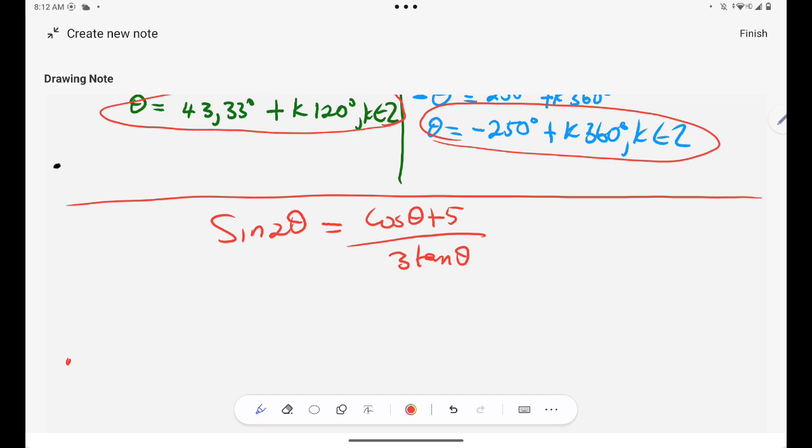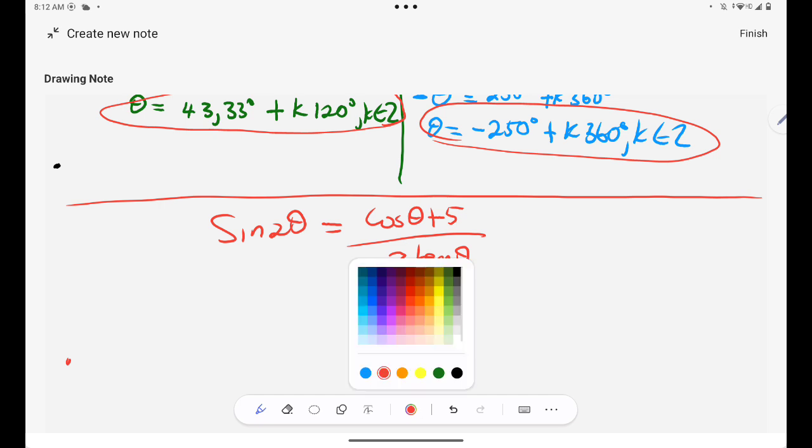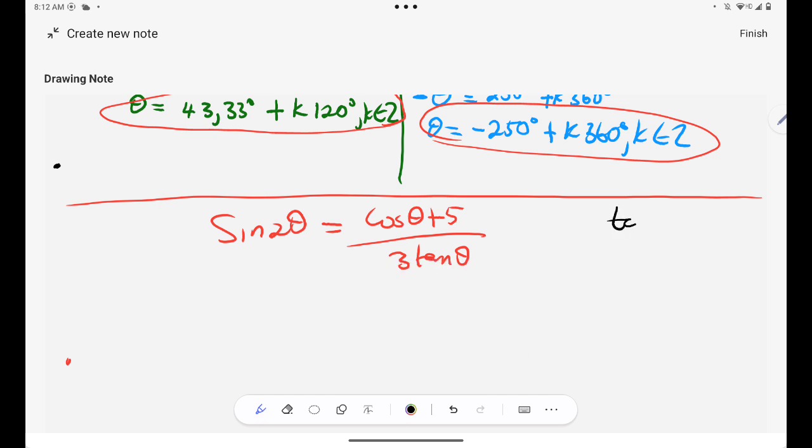We have a denominator there, so whenever we solve, we must make sure that tan theta cannot be 0. Are you together? And if tan theta cannot be 0, it simply means that even sine theta should not be 0. Are you together, guys? Because if sine theta is 0, then tan theta will be 0, and then our denominator will be undefined. Okay, let's work.